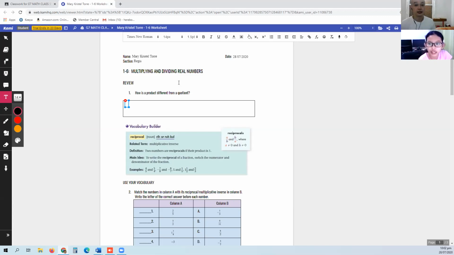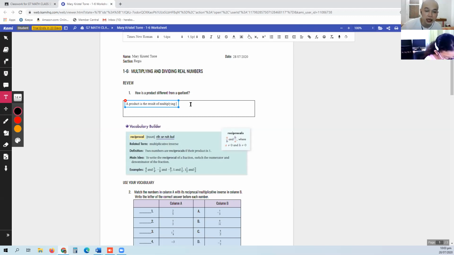A product is the result of multiplying real numbers. What's wrong with multiplying? All right. Okay, multiplying real numbers.